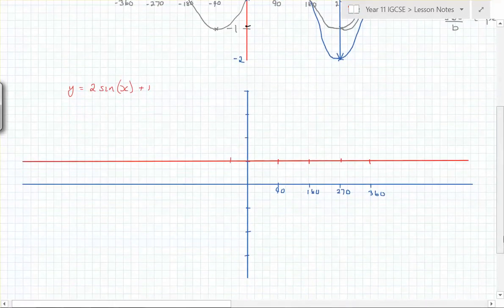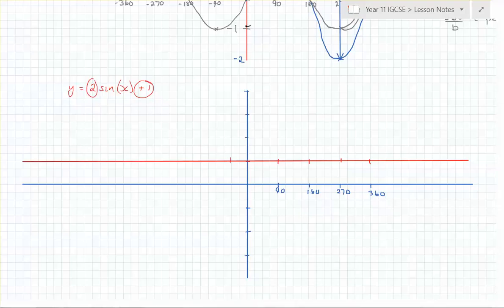4, you think? Why do you think 4? Oh, is it still up to 2? So the amplitude is still 2, but now I've got this plus 1. So where do you think the maximum will be? I'm not really sure.